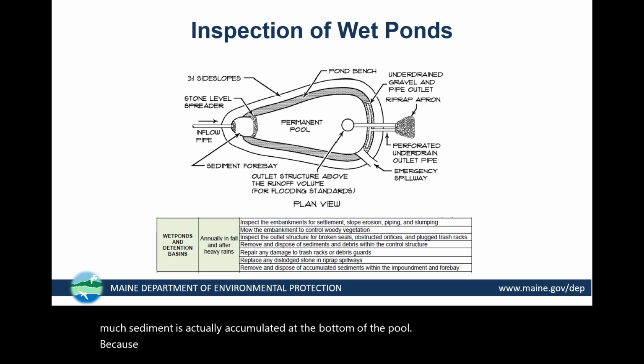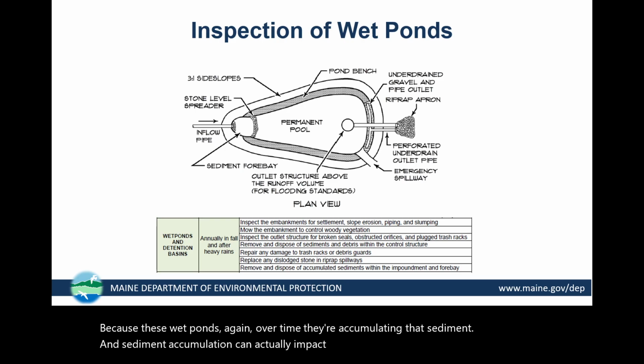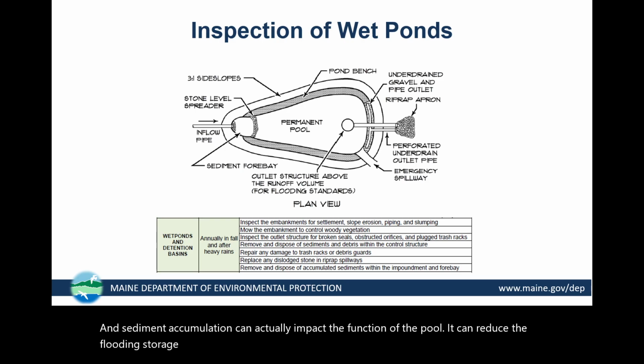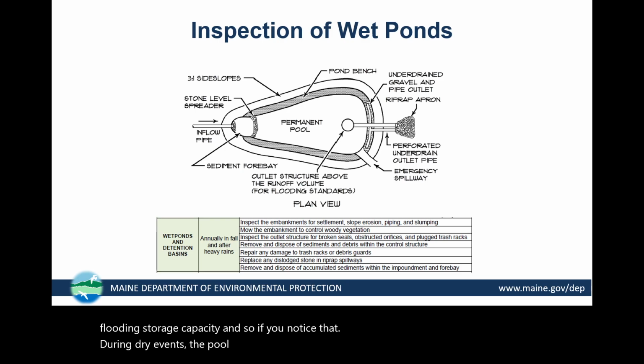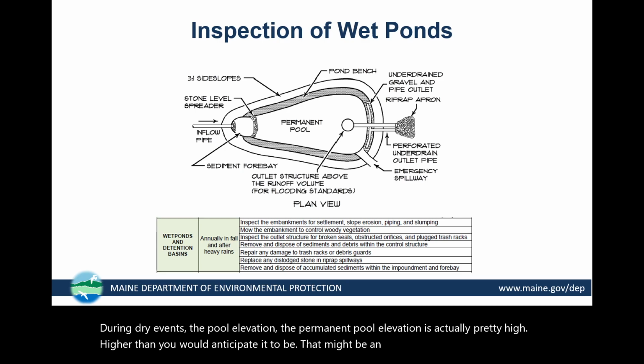Because these wet ponds, over time, accumulate sediment, and sediment accumulation can actually impact the function of the pool. It can reduce the flood storage capacity. And so if you notice that during dry events, the permanent pool elevation is actually pretty high, higher than you would anticipate it to be, that might be an indicator that there is a lot of sediment accumulation.